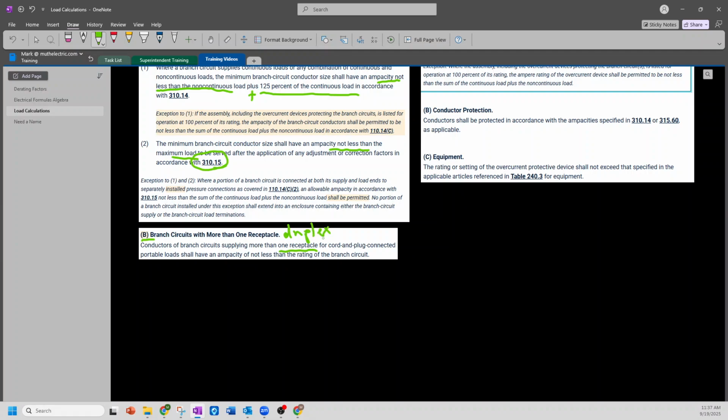The conductors that feed more than one receptacle for a cord and plug connected portable load, key there is portable, shall have an ampacity not less than the rating of the branch circuit. That's why we can take our receptacles and figure into the max branch circuit. So we can figure it into a 20 amp breaker, unless they tell us it's continuous, right?